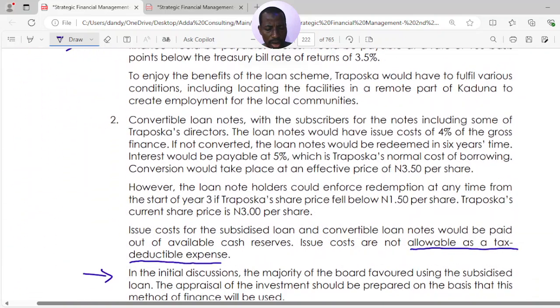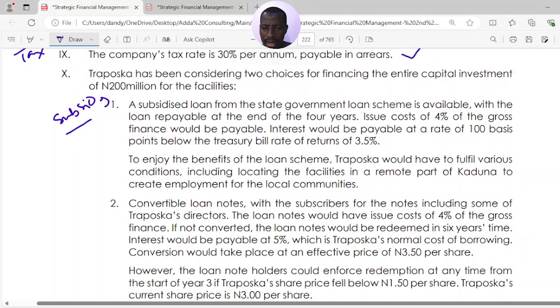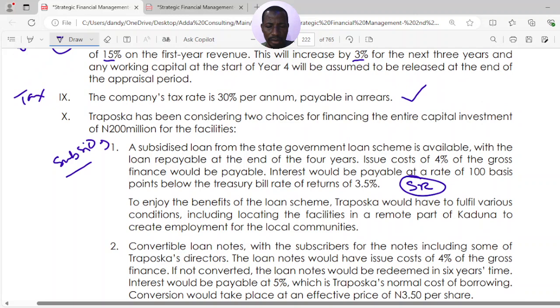There's a place where we have information on issue costs. We are told that interest will be payable at a rate of 100 basis points below. This is the subsidy rate, information on subsidy rates. So it will be 3.5 minus 1, that's 2.5.